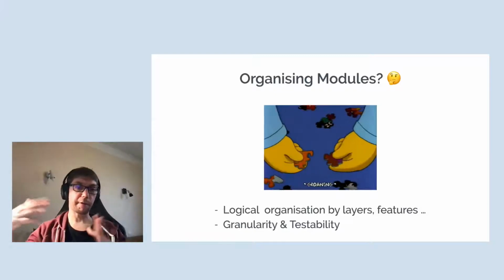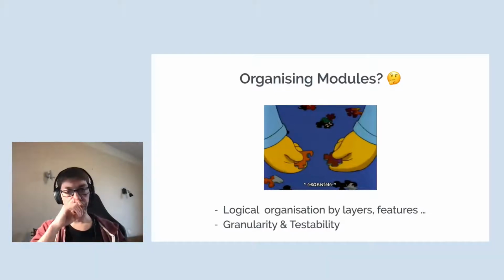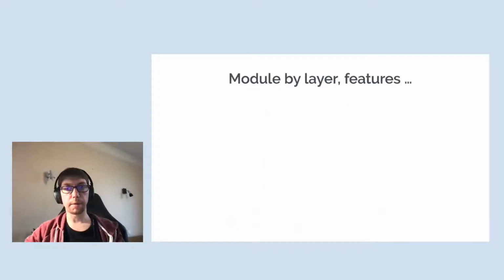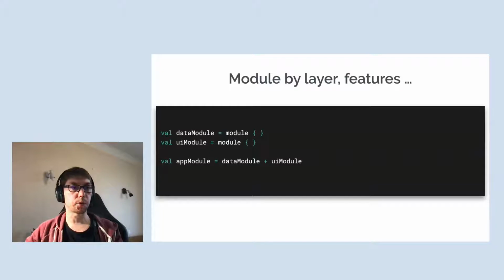Then finally, we have built up all our components from the data to the repository to the view model, presenter and UI. Then we need to organize things around modules, layers, features. Finally, you can organize yourself how you want.